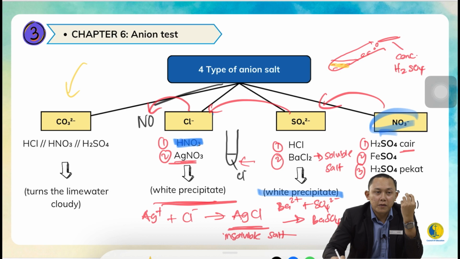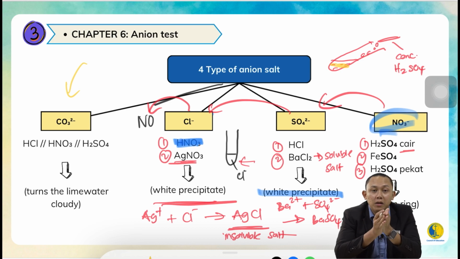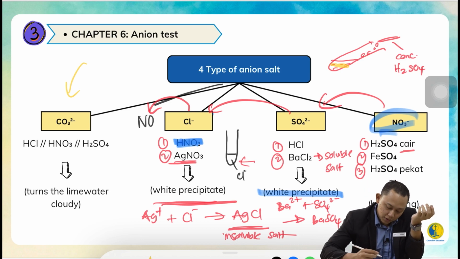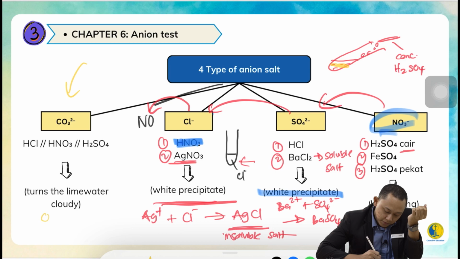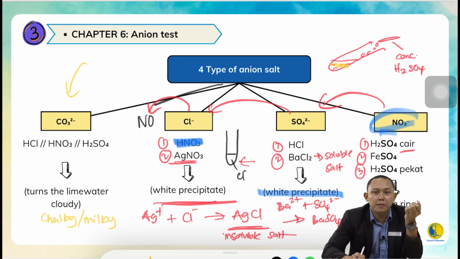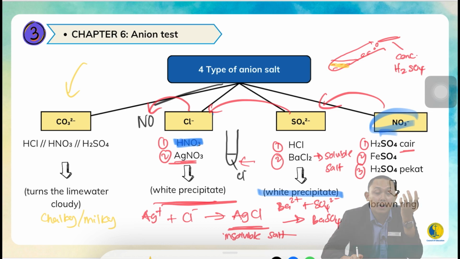If you flow the gas into lime water, your lime water will turn cloudy, or some books say chalky, or milky, indicating the presence of carbon dioxide, which comes from a carbonate ion.